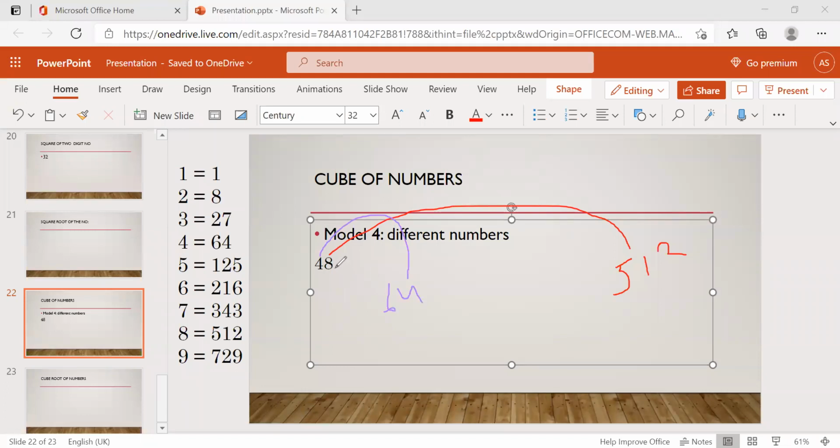In the middle, what you have to do? 8 square. 8 square is 64, 64 into 4, it is nothing but 256. Now 4 square, 16 into 8, 128. Now I got the 4 numbers.